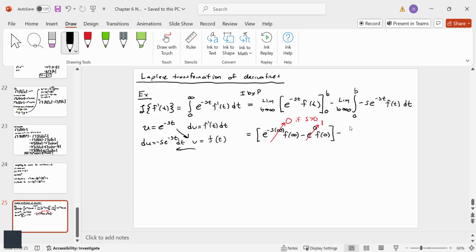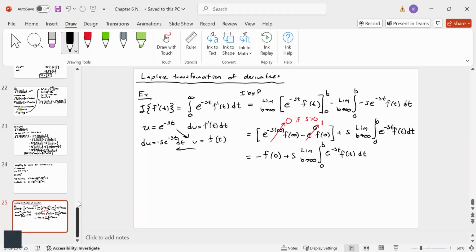And then on the other side, I'm going to factor out an s, make it positive, still not take the integral yet, like that. And so what this ends up simplifying to is minus f of 0, because e to the 0 is 1, plus s times the limit as b approaches infinity of the integral from 0 to b of e to the negative st f of t dt.